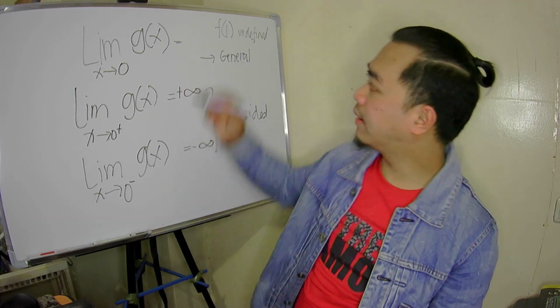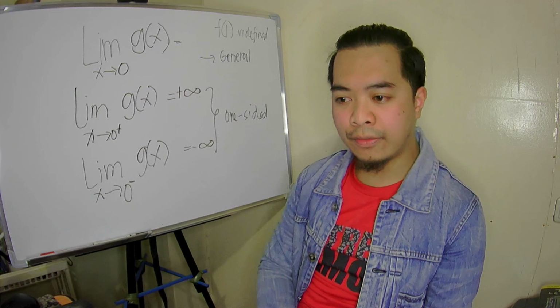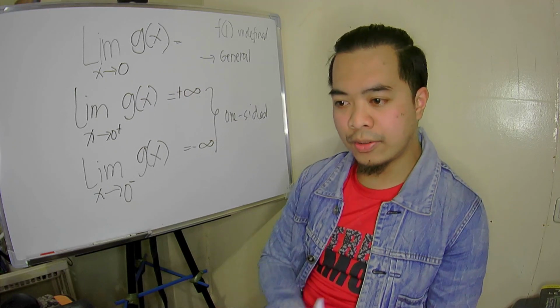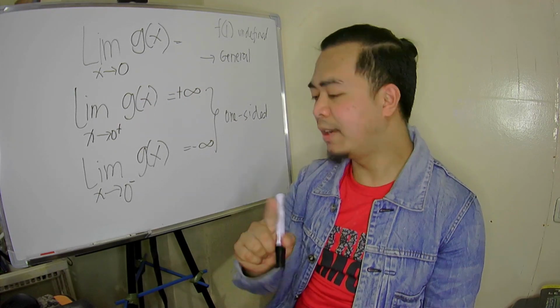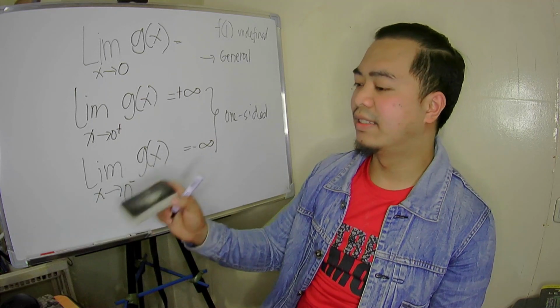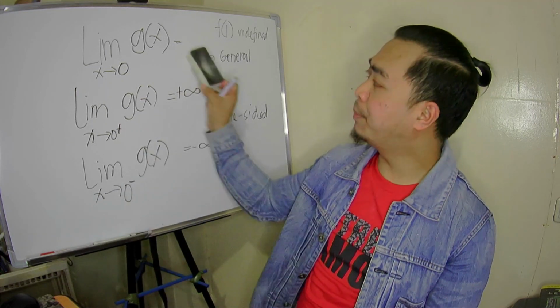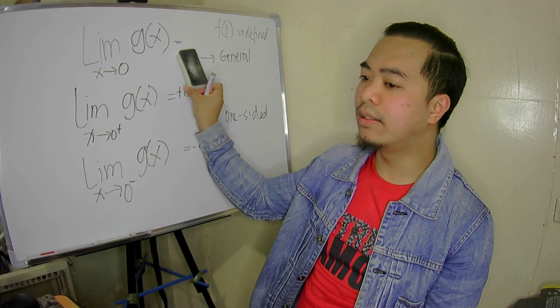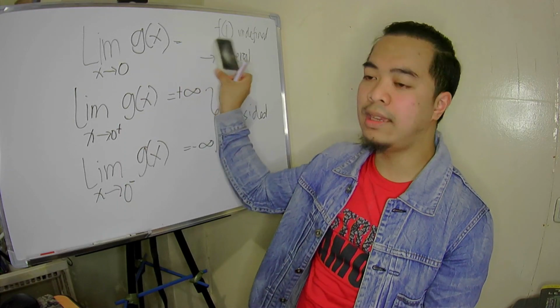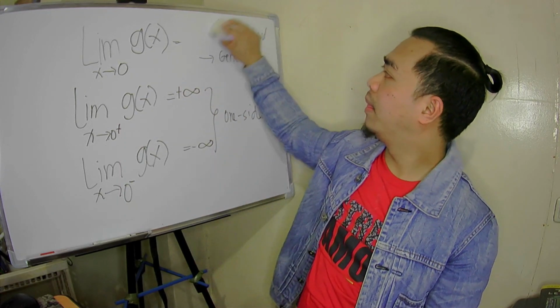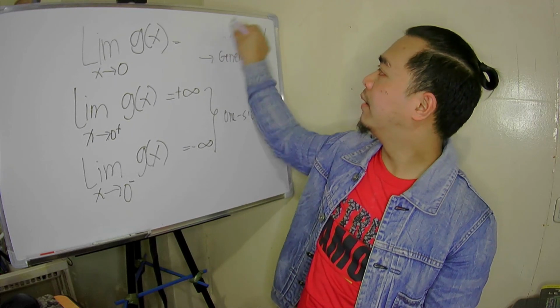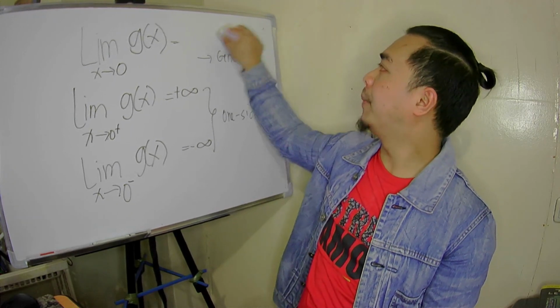If we write, what is the shortcut pala of that phrase? Ano yung shortcut nun? DNE, sir. Okay, DNE. Should we put the equal sign dito? Ilalagay ba natin yung equal sign tas DNE? No, sir. Because again, it is not a number.